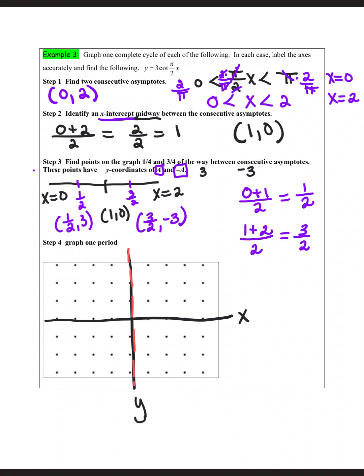So I'm counting by a half here. Notice I'm counting by halves. Okay, so my first point is going to be 1/2, 3. My next one will be at 1, 0. And my last one will be 3/2, -3.